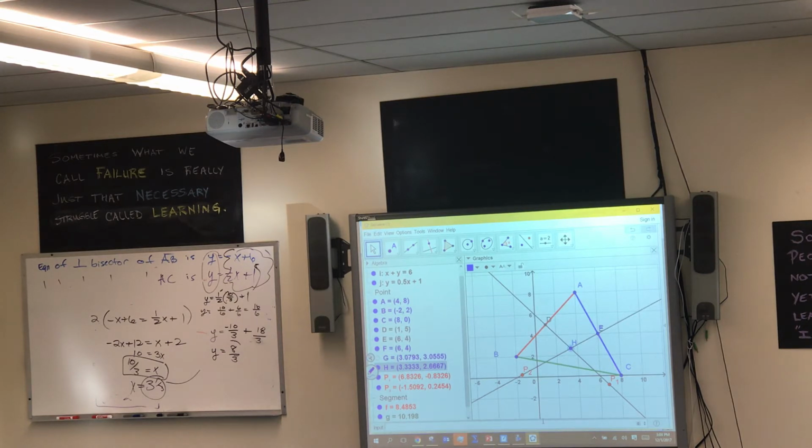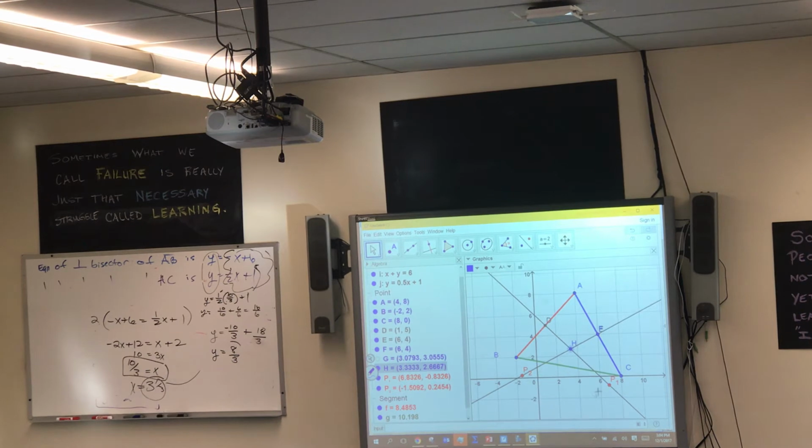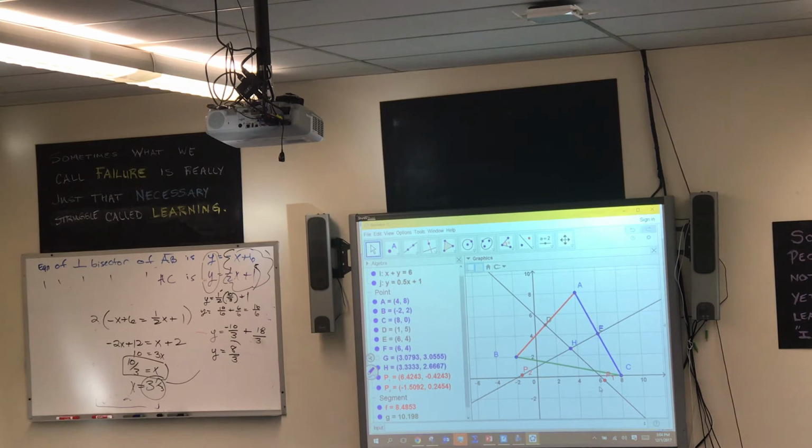Here's the geometry. That point, you guys told me that any point on this line here, so any point like P1, is equidistant from A and B no matter where it's at, right? So if I put P1 right there, is it equidistant from A and B? Yeah. So I'm going to write that down.